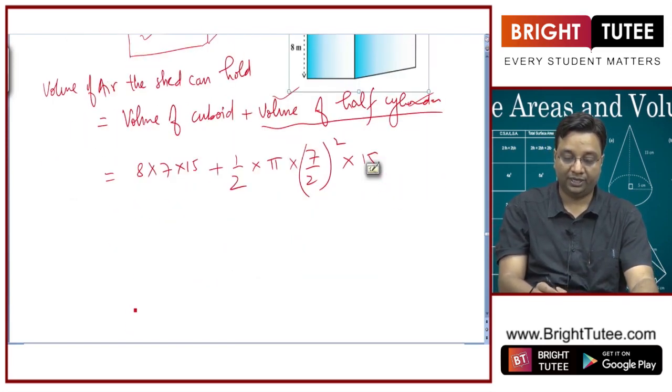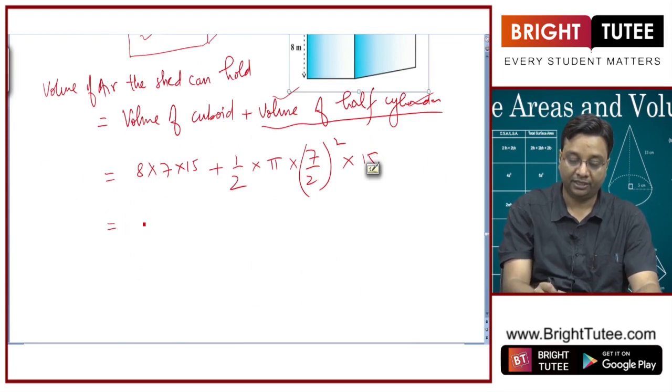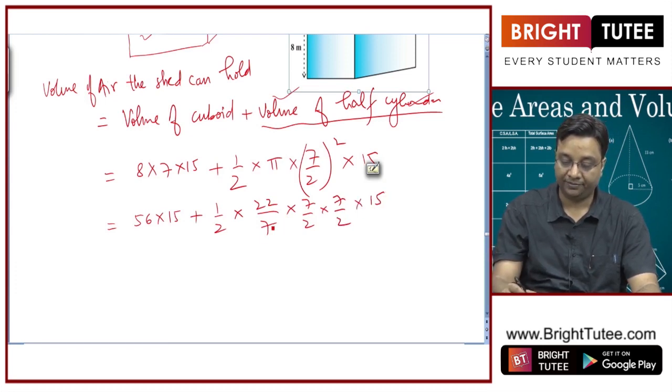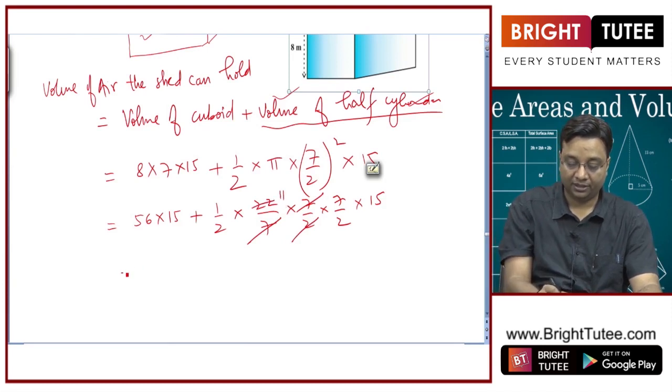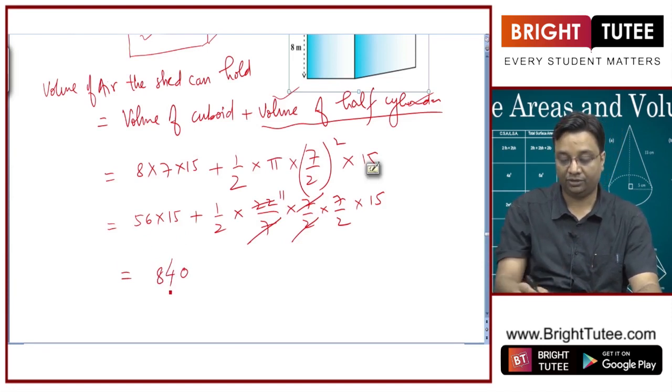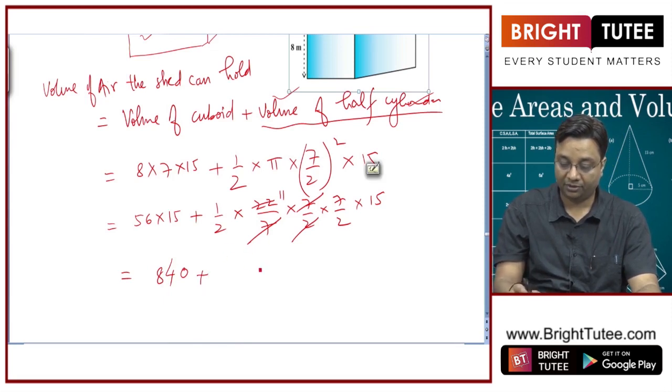So this is the volume of air that the shed can hold. So this is 56 into 15 plus half of 22 by 7 into 7 by 2 into 7 by 2 into 15. So this 7 gets cancelled, 11. This will give you 840 from here, and from this side 11 into 7 is 77 into 15 by 4.